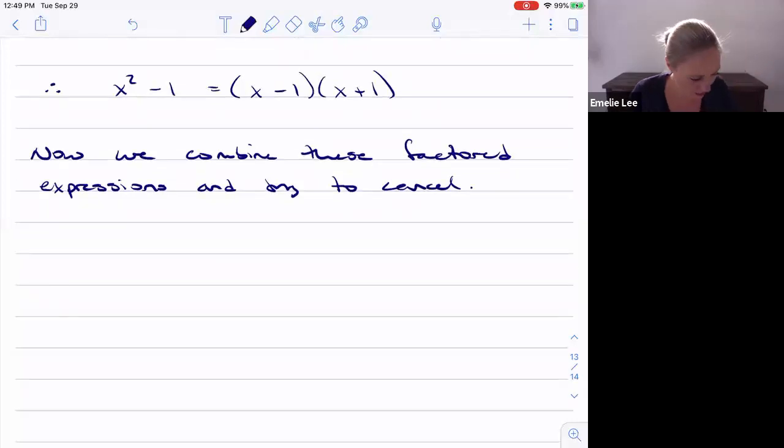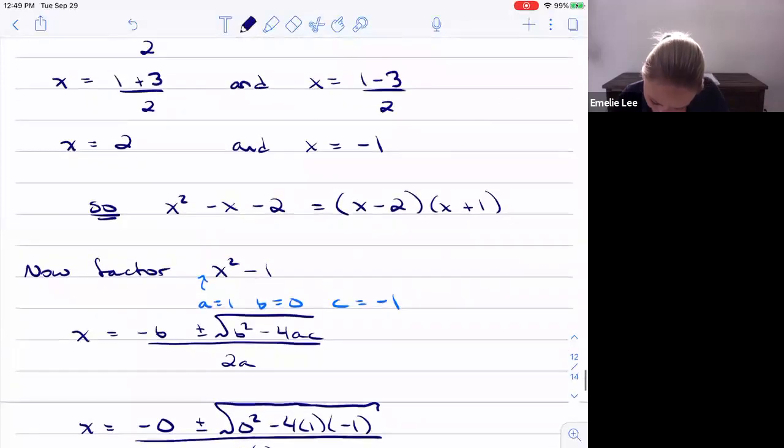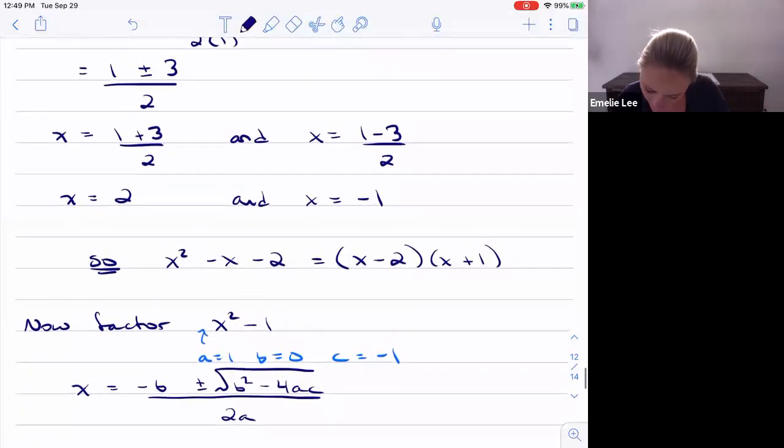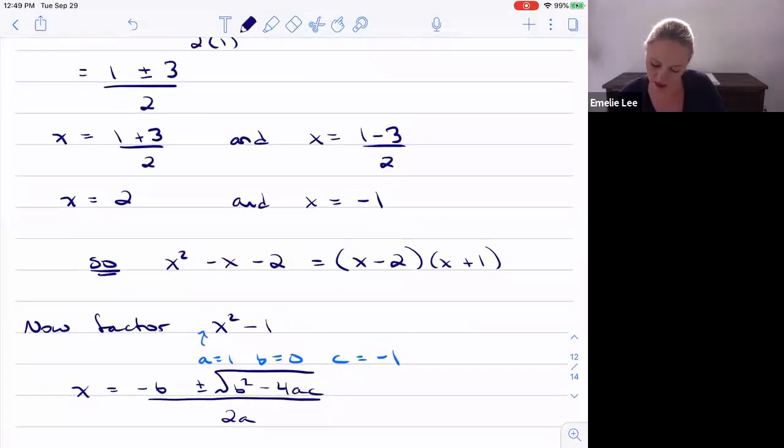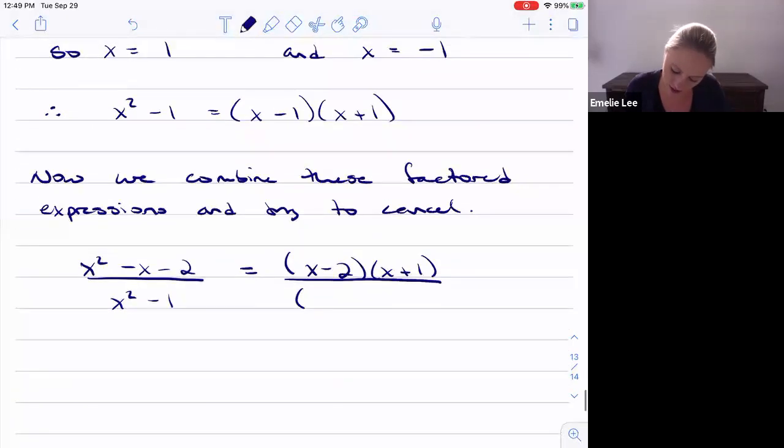So what I have is x squared minus x minus 2 divided by x squared minus 1. Well, if I write these out as factored, for the top one I had x minus 2 times x plus 1, divided by, and then the bottom one was x minus 1 times x plus 1.